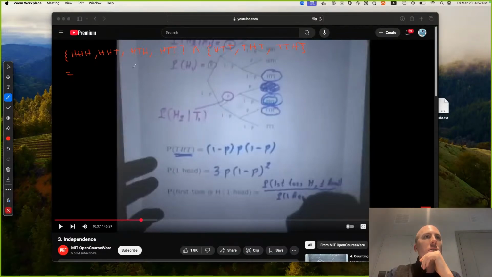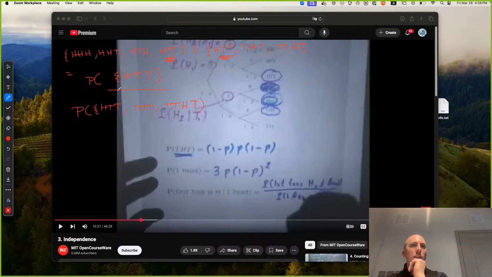The intersection is basically just equal to head, tail, tail, over the probability of one head.